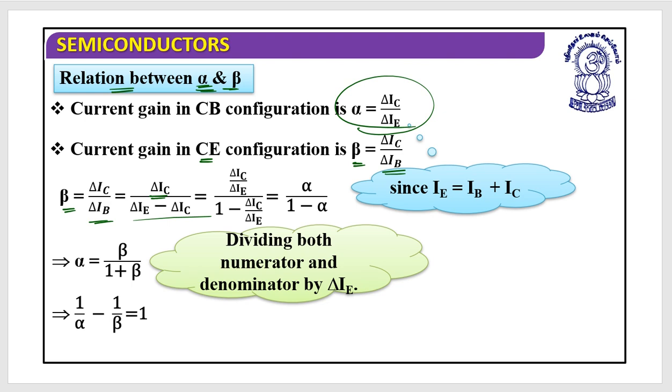If I divide this by delta IE, it is delta IC by delta IE upon 1 minus delta IC by delta IE, which equals alpha upon 1 minus alpha. I hope this is clear. So this is the relation of beta with alpha. To find alpha, you can simplify it to alpha equals beta upon 1 plus beta, or 1 by alpha minus 1 by beta equals 1. I hope this is clear.